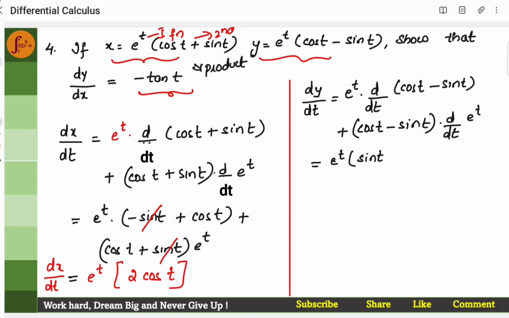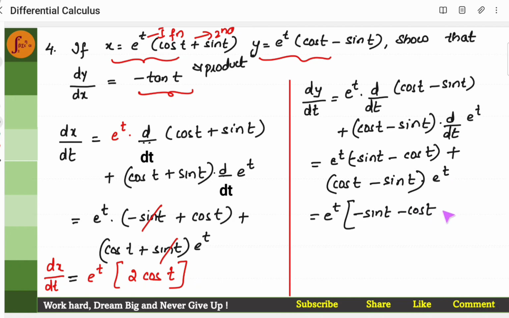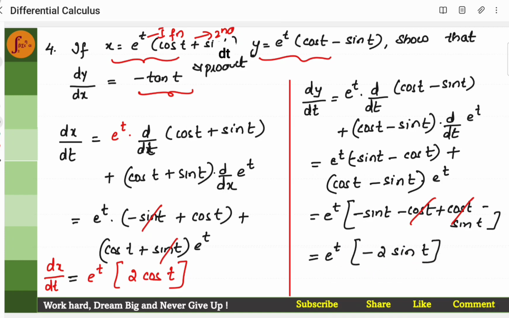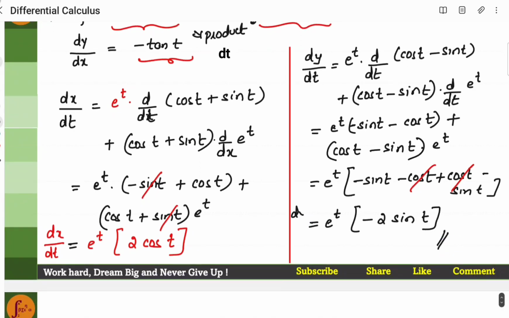It's minus sin t minus cos t, plus cos t minus sin t into the derivative of e to the power t, which is e to the power t itself. Let's take e to the power t as common here. So we'll get minus sin t minus cos t plus cos t minus sin t. Cos t and cos t will get cancelled. So we'll get e to the power t into minus 2 sin t. This is dy by dt.